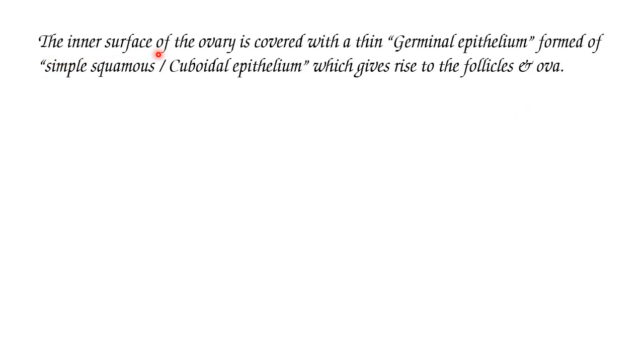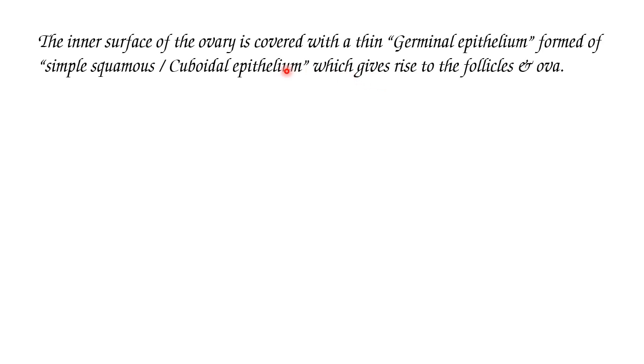The inner surface of the ovary is covered with a thin germinal epithelium. It is formed of a simple squamous or cuboidal epithelium, which gives rise to the follicles and ova. So let's once recollect the animal tissues. Animal tissues are classified into four types: epithelial tissue, connective tissue, muscular tissue, and nerve tissue.